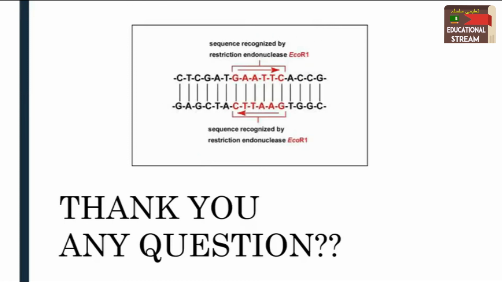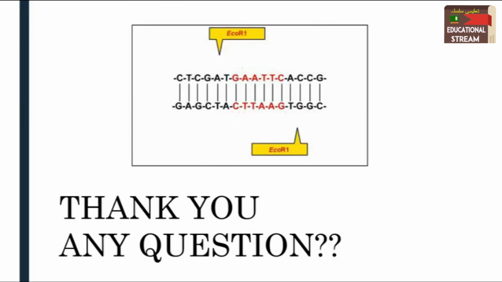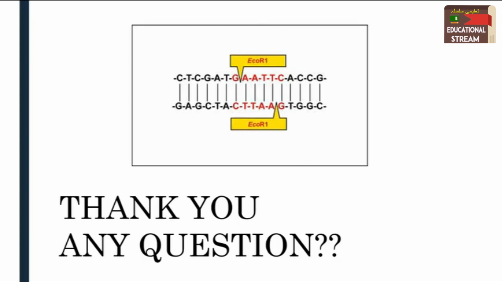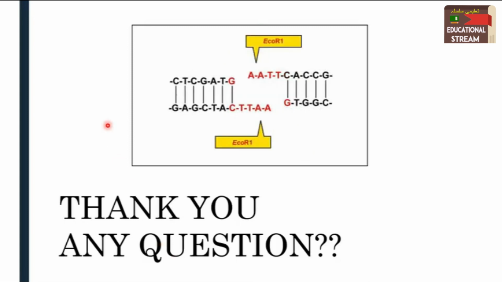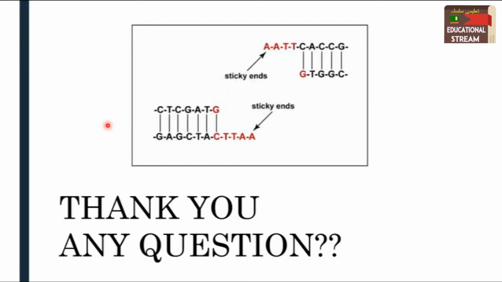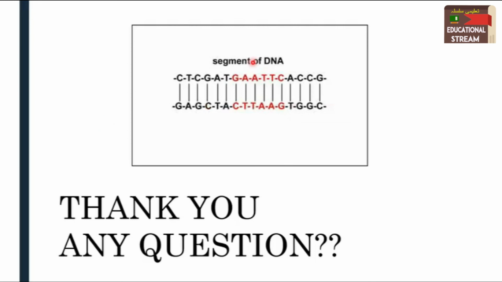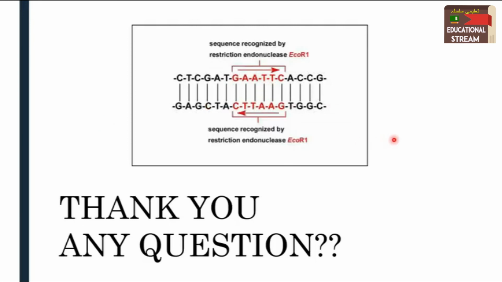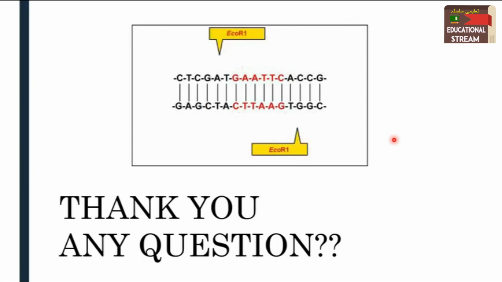Then what kind of fragments are produced by these enzymes: we have seen that they produce 5' overhangs, 3' overhangs, or blunt ends, and the overhangs which are produced are known as sticky ends. And then these sticky ends help to be ligated into the vector, which is also treated with the same enzyme.